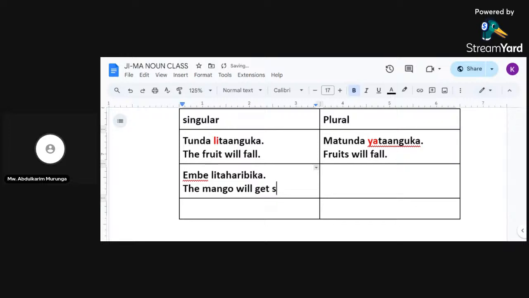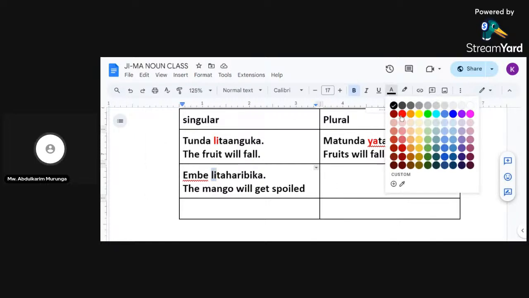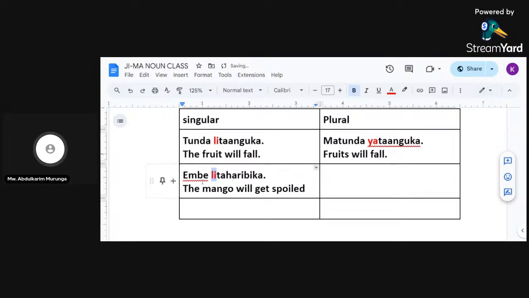And if there are many, how do we say the sentence in plural form? Embe litaharibika. We want to write the sentence in plural form. Can you help? Just write in the chat.